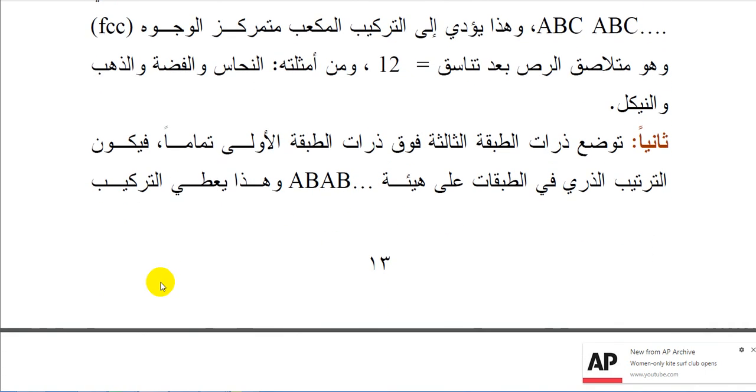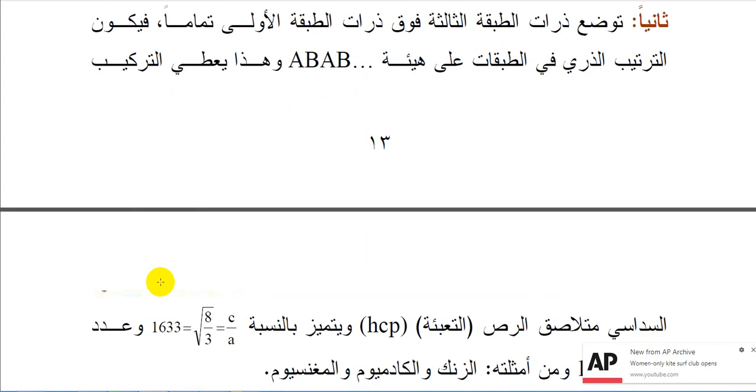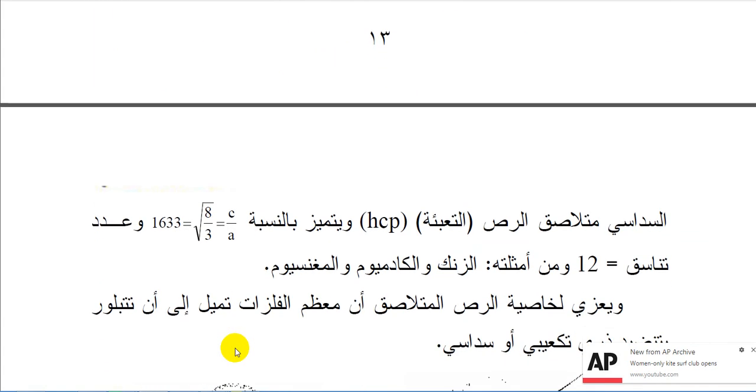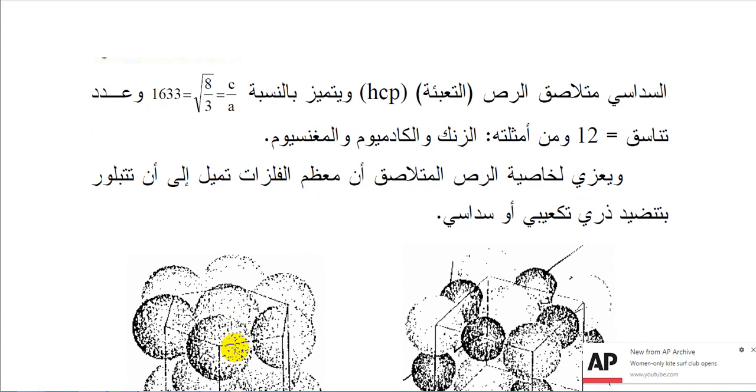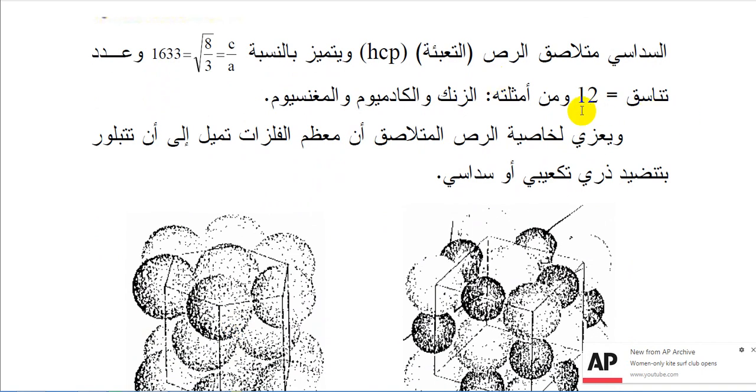This denotes the HCP, close-packed hexagonal crystal lattice structure, and it is featured by c over a equal to the square root of 8 over 3, as well as a coordination number of 12. Examples include Zn, Cd, and Mg.